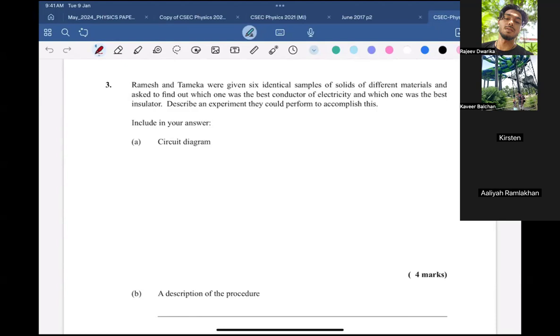Remind me, what is current? Current is the flow of what? Electrons. Yes. So something is a good conductor if it allows electrons to pass through.